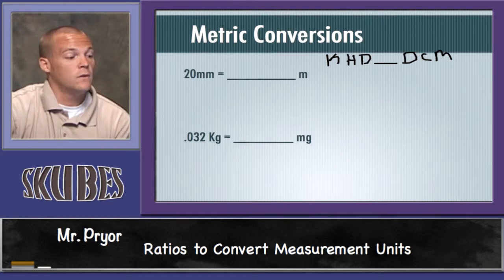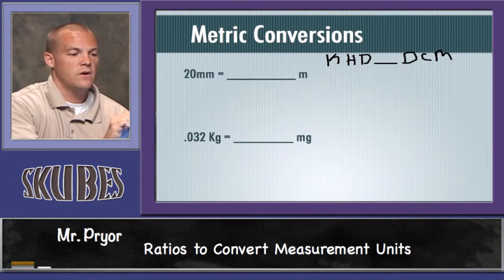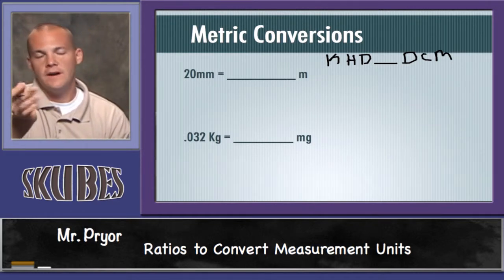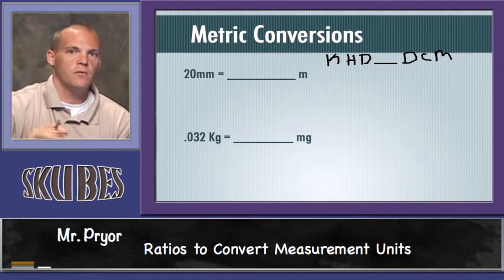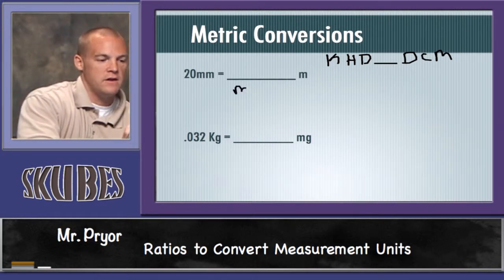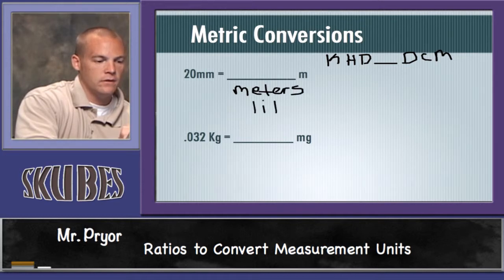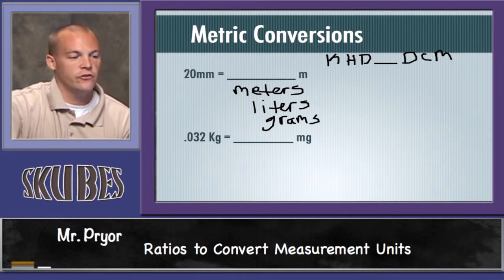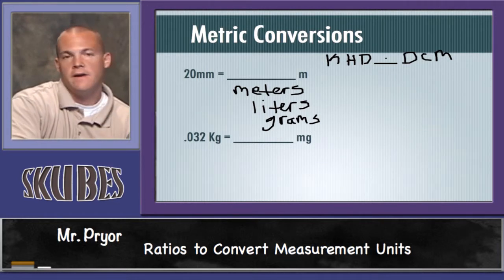So we're looking at 20 millimeters equals how many meters? Well, notice we don't have meters on here. Well, that's because there's a standard starting point. Your starting point units would be things like meters, liters, or grams. And each of these, meters, liters, or grams, are why you left that middle space where we left it, right there.